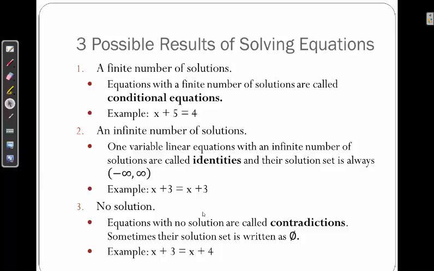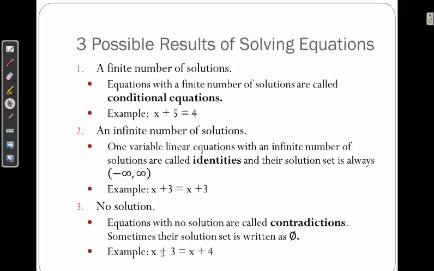And some equations have no solution. Those equations are called contradictions, and here's an example down here. No number when you add 3 is equal to the same number plus 4. It's just impossible.